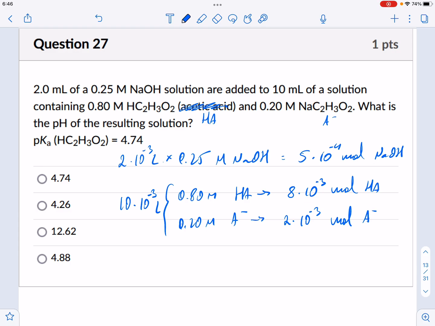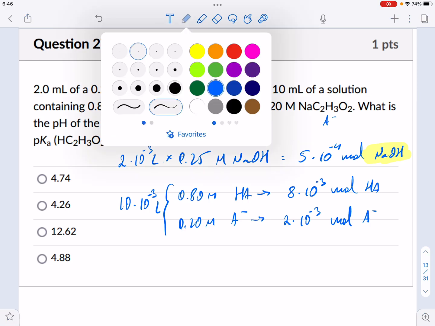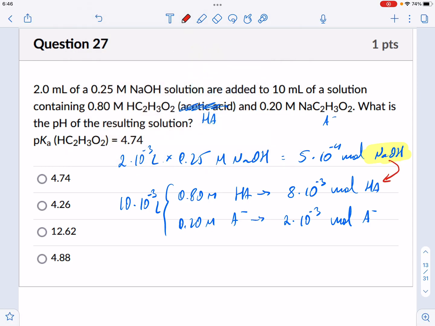Now you have sodium hydroxide. Who is sodium hydroxide going after in your buffer? Well, sodium hydroxide will react with HA, and the reaction is 1-to-1. So 1 mole of HA will react with 1 mole of sodium hydroxide. Therefore, the change for sodium hydroxide would be minus 5 × 10^-4.